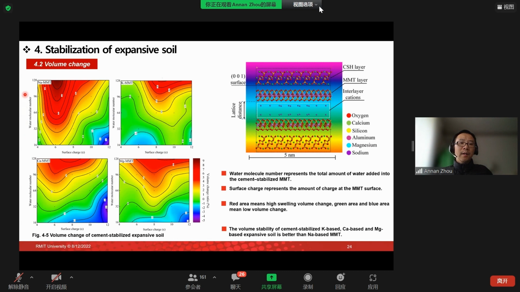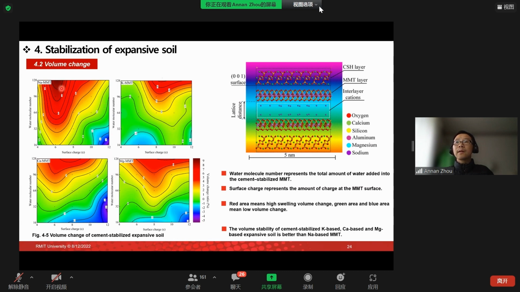The y-axis is water molecular number, and the x-axis is the surface charge. The water molecular number represents the total amount of water added into the cement stabilized expansive soil system, and the surface charge represents the amount of the charge of the montmorillonite surface.